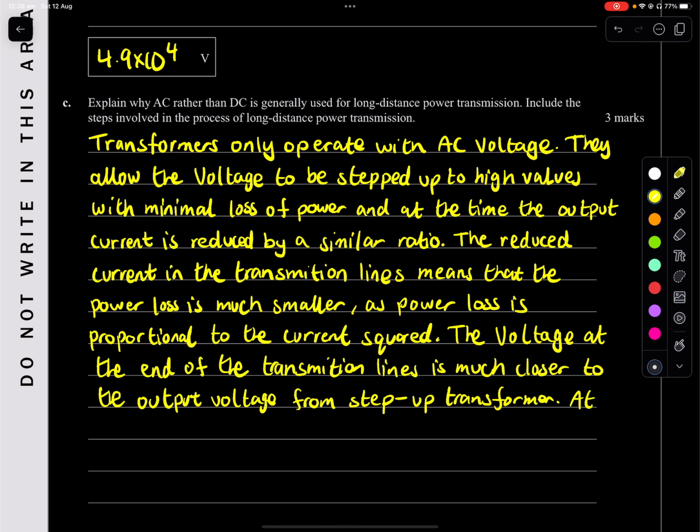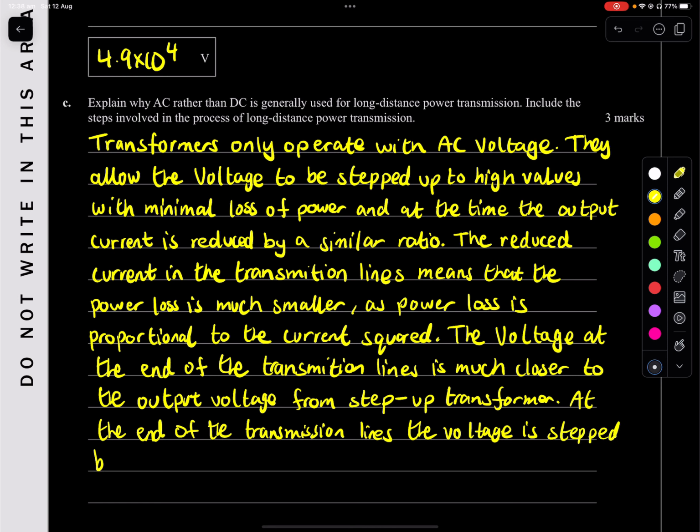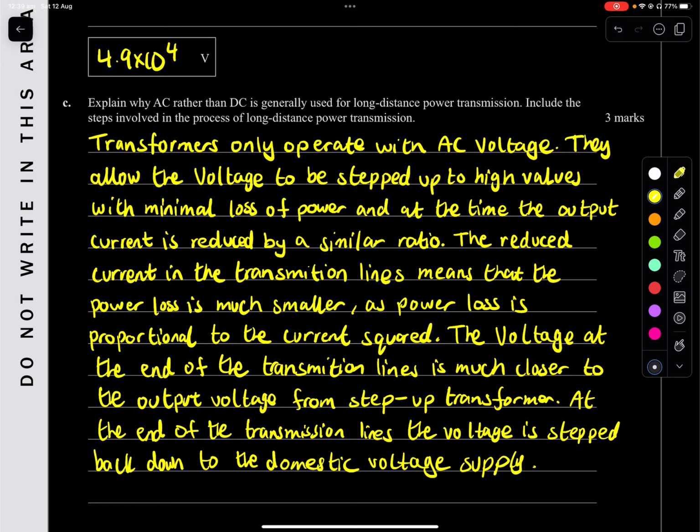So at the end of the transmission line, the voltage is stepped back down to the domestic voltage supply. That should give you the 3 marks.